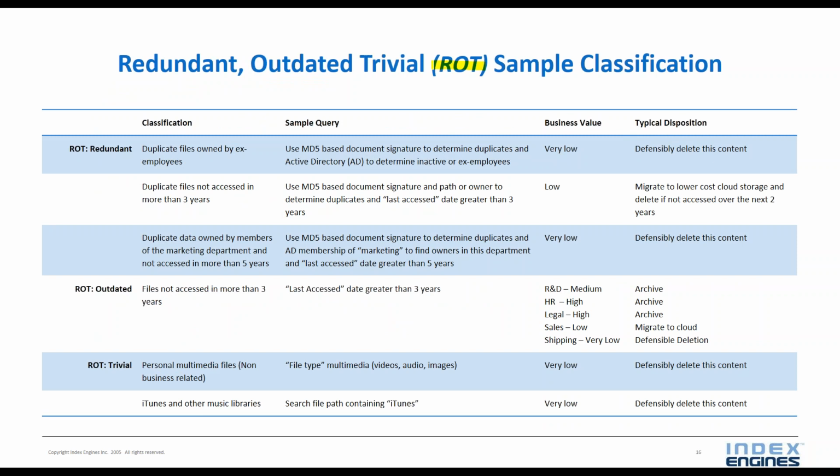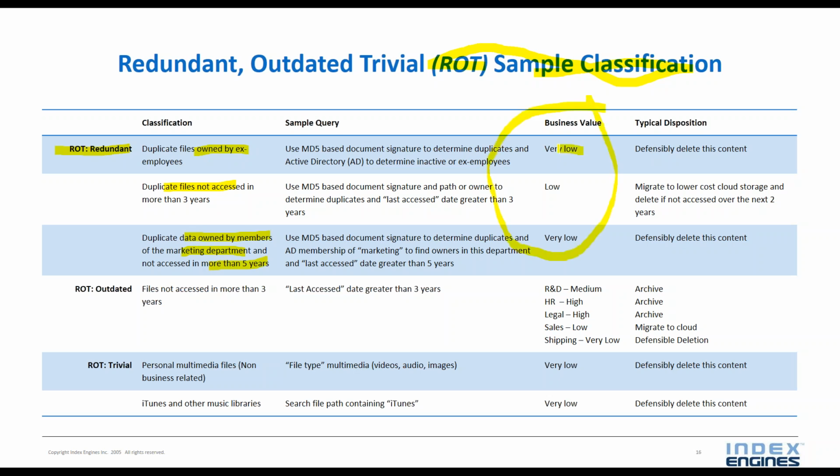But going back to the ROT classifications, some of the tools looking for redundant data here, you can look at data and classify duplicate files owned by ex-employees, duplicate files not accessed in 3 years, duplicate files owned by members of specific departments and not accessed in more than X years, and put business value on it.